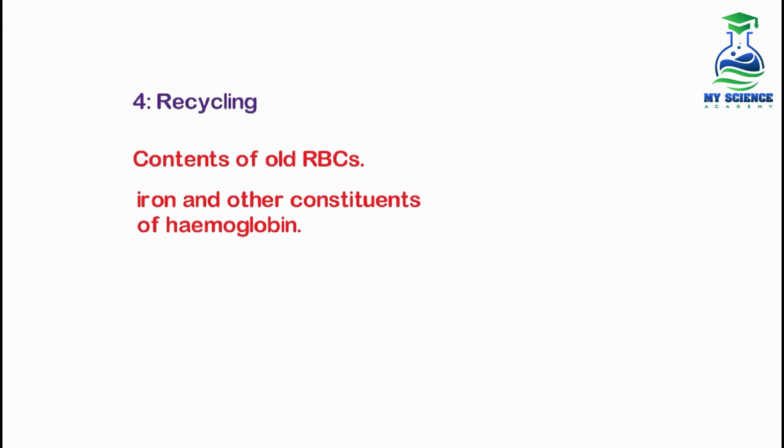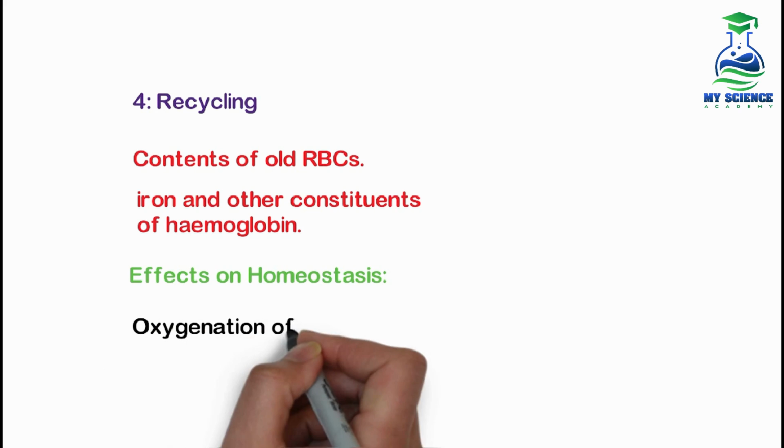The fourth function is the recycling of the contents of old red blood cells, iron, and other constituents of hemoglobin. And how does it affect homeostasis? Oxygenation of tissues.